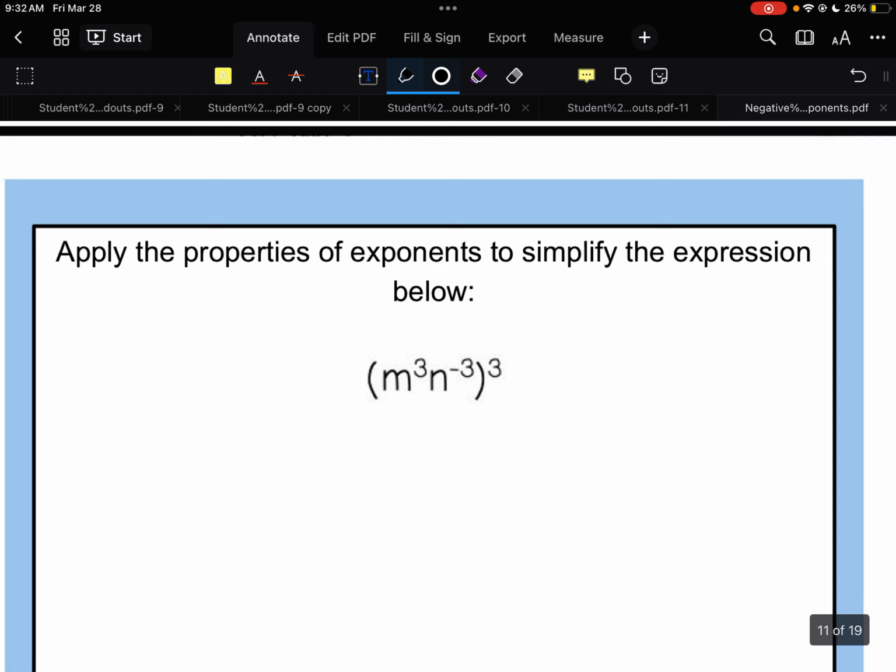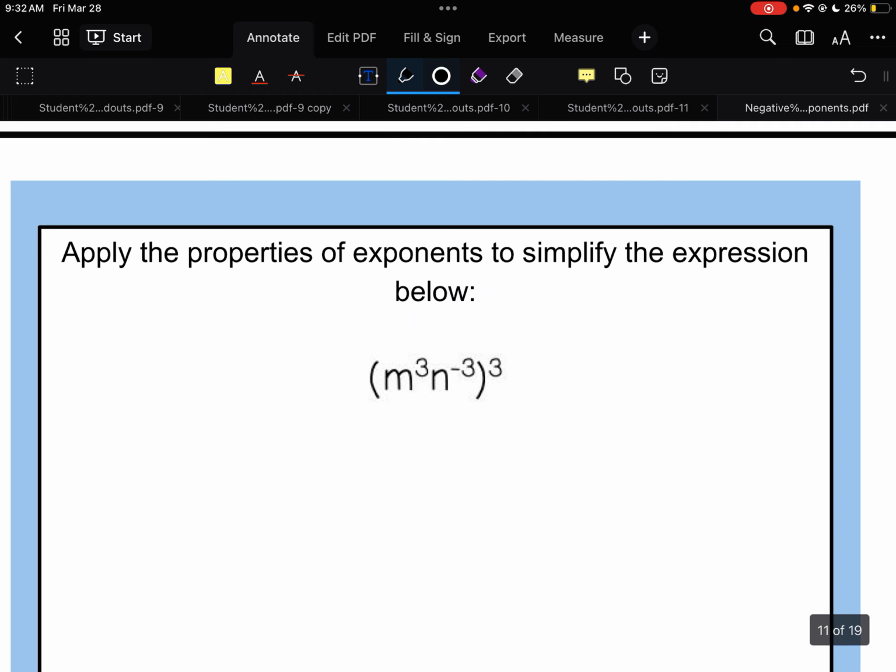All right, now we have m. So remember, when you have it in parentheses like that, you distribute this to both. So you'd have m to the 9th power times n to the negative 9 power. Sorry, not negative 3 power. Because you got 3 times 3 here. Negative 9. So you would flip it.